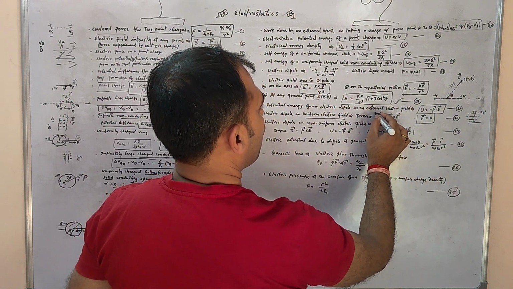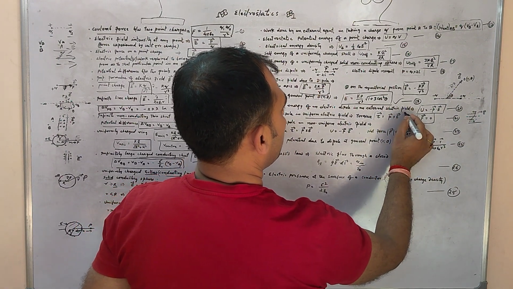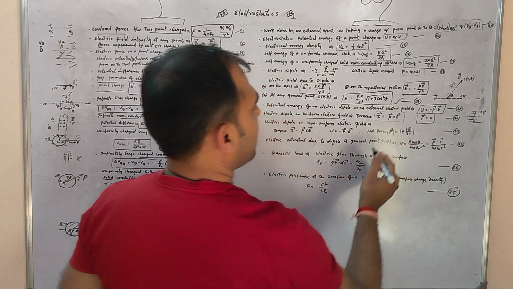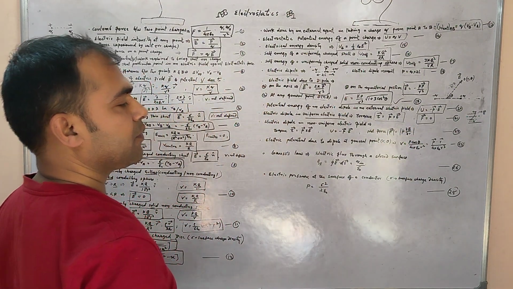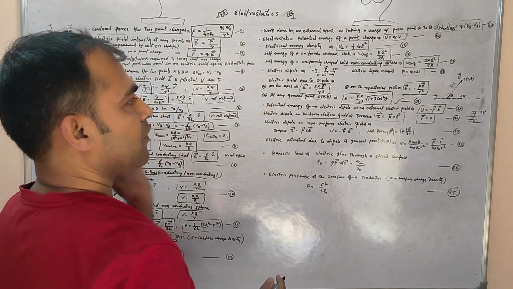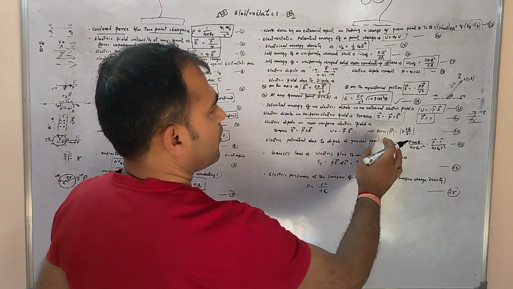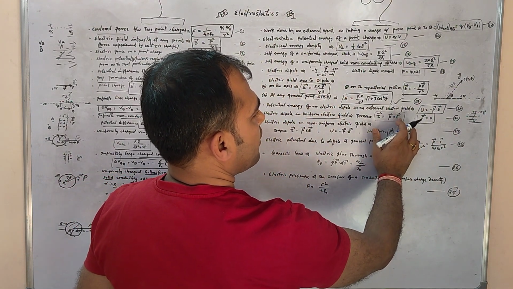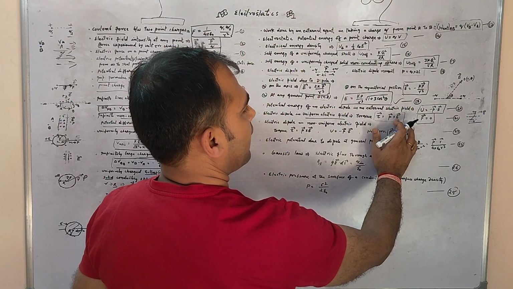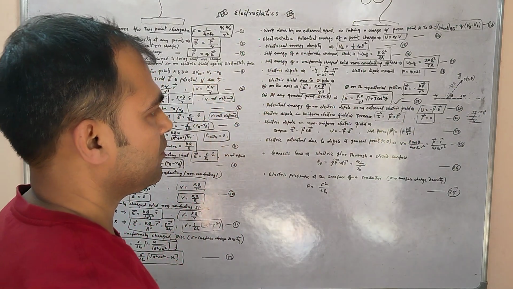Now what will be the torque? So torque will be equal to vector P cross vector E, that is electric dipole moment cross electric field.